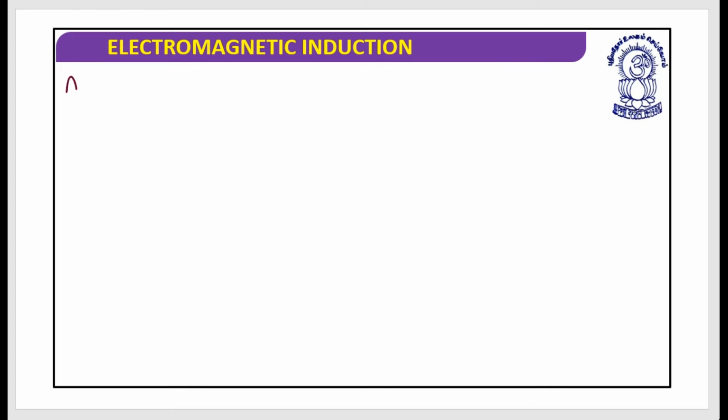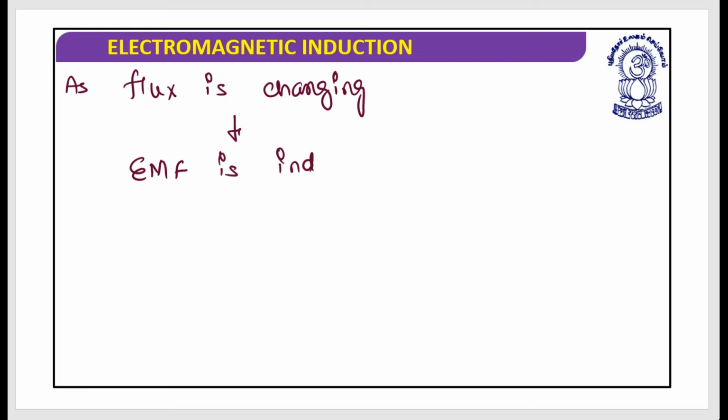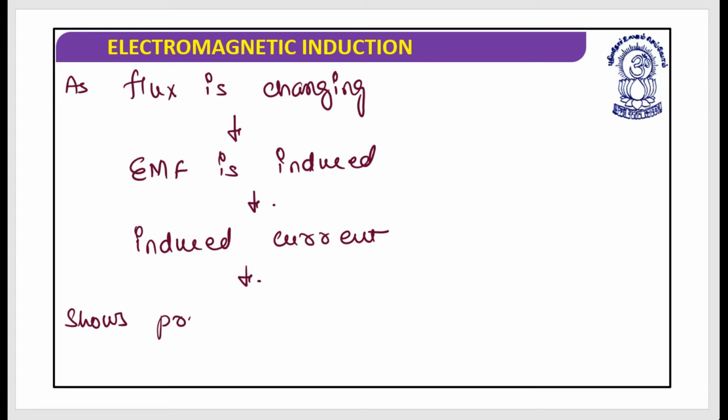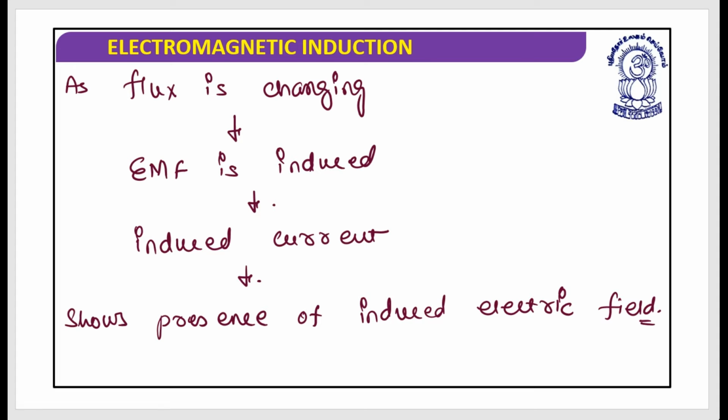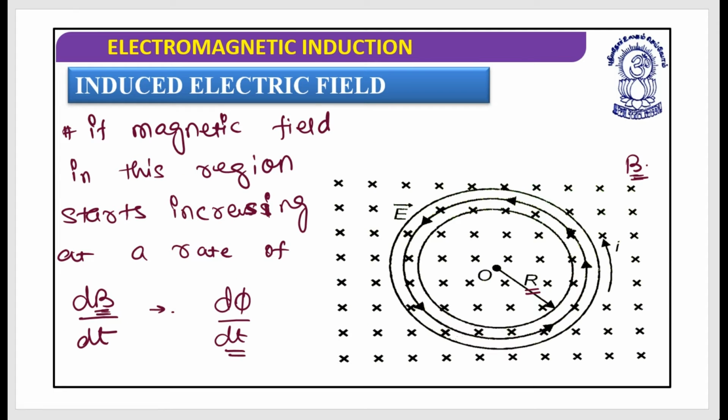As flux is changing, that means EMF is induced, and this induced EMF will give me the induced current, and this induced current shows the presence of an induced electric field.